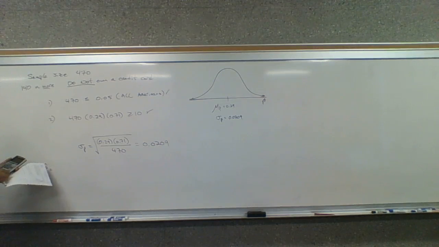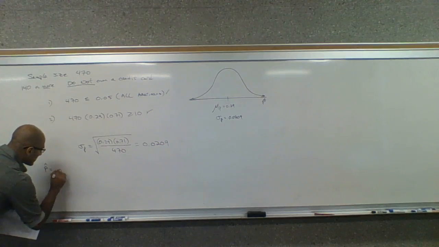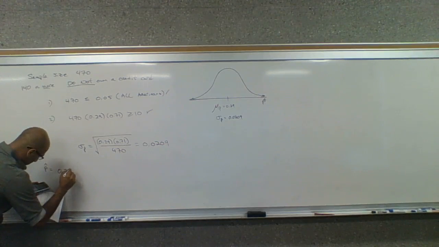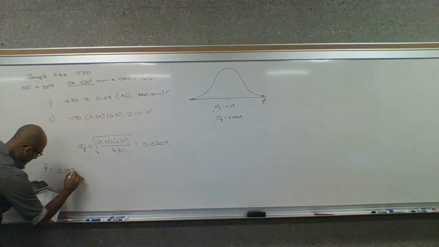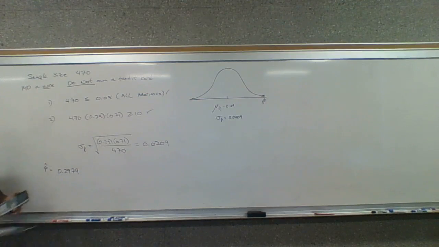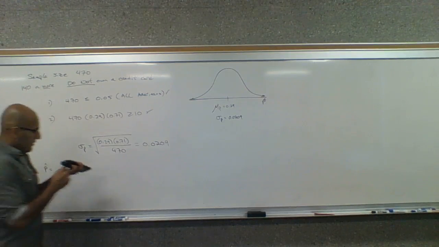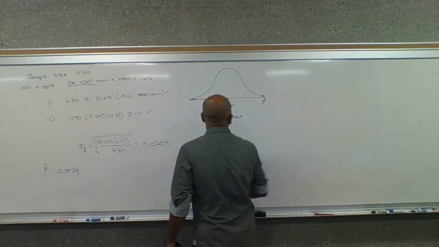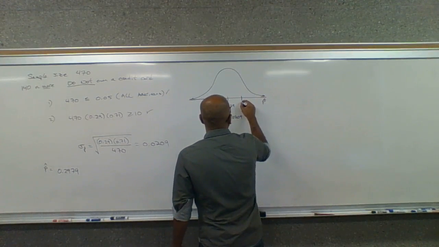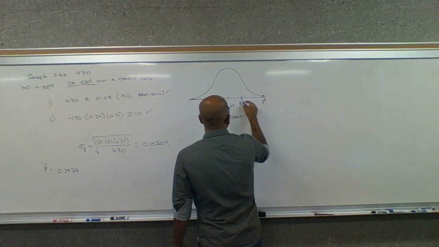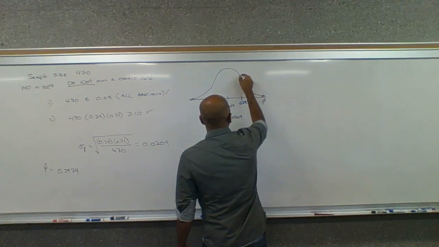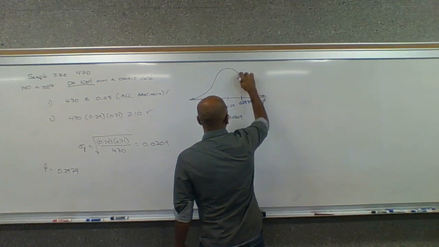And so our sample proportion is equal to 140 divided by 470. So this is equal to 0.2979. So that would be a value on here. So this is the area we have there.